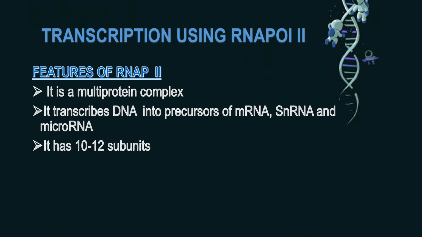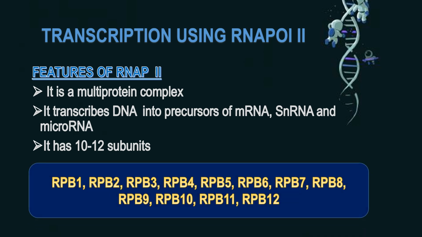It is a multi-protein complex because it has multiple subunits, analogous to those of bacterial RNA polymerase. It transcribes DNA into precursors of messenger RNA, small nuclear RNA and microRNA. It has approximately 10 to 12 subunits, represented in RPB 1 to 12 format.